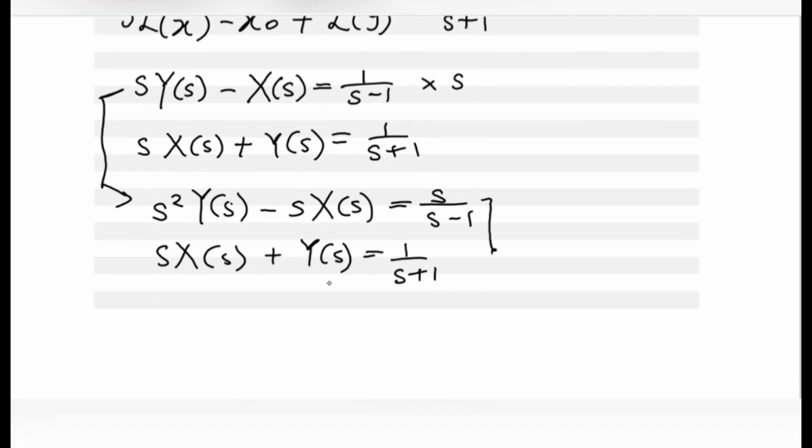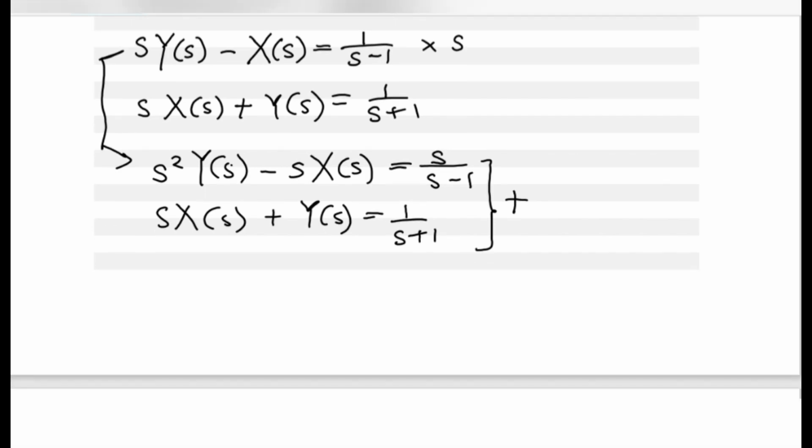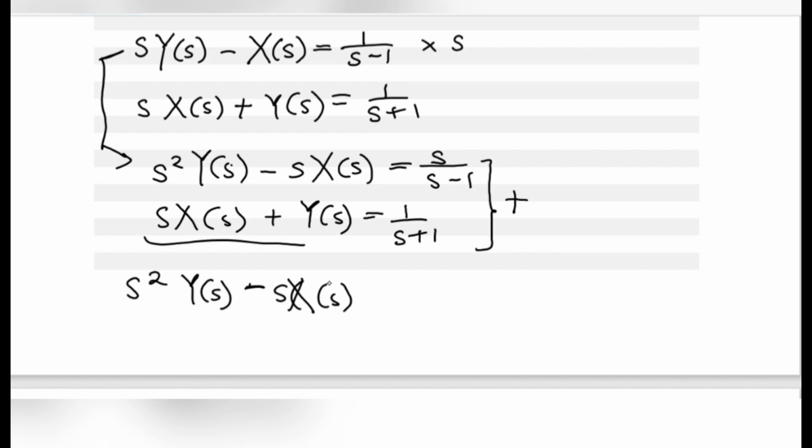So if we add these two equations, just addition, what we're going to have left will be s squared Y of s, this too minus s X of s. We add this side, and then we add this side on the equal sign, then plus s X of s plus Y of s.